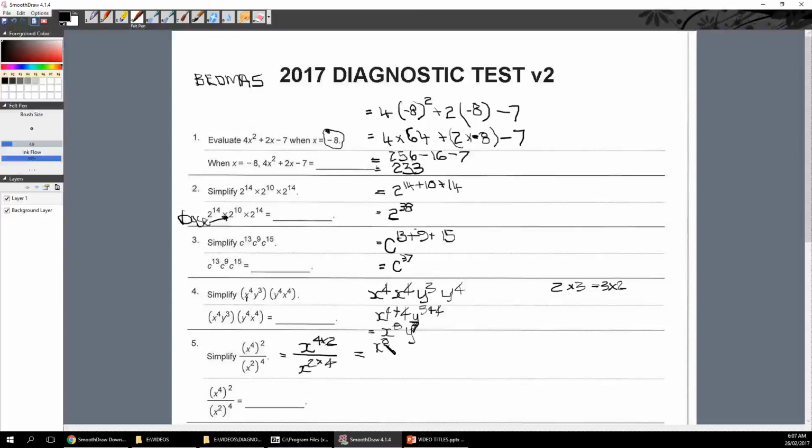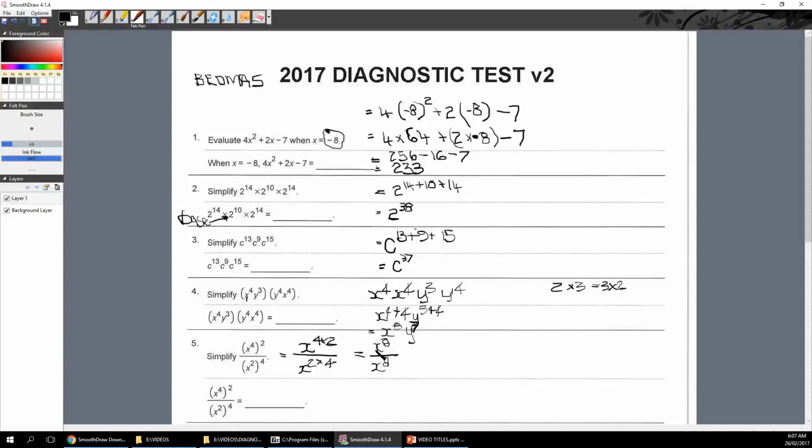Once again, proving what I said earlier, when we're multiplying, the order doesn't matter. 4 times 2, same as 2 times 4. But now what we have is x to the power of 8 divided by x to the power of 8.